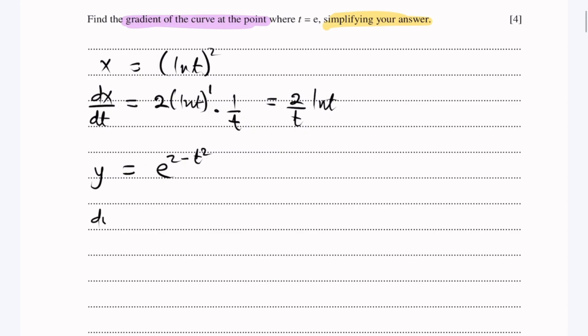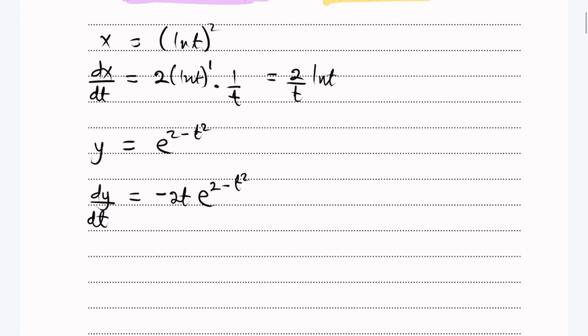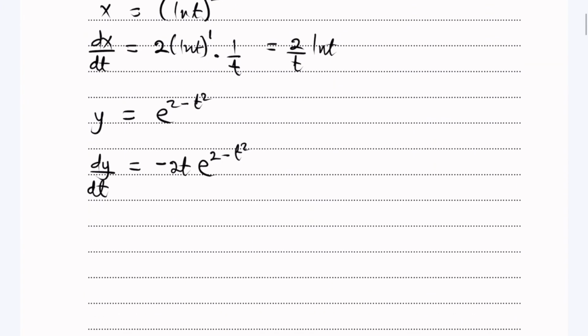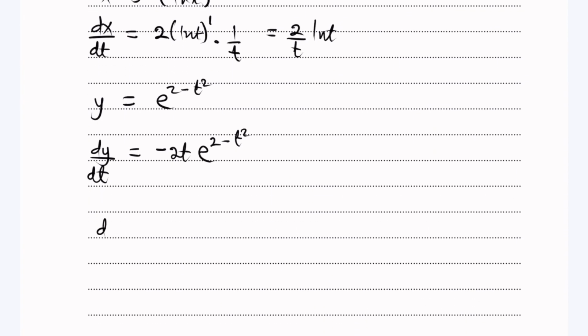So dy/dt would be negative 2t e to the power this. So we have our dy/dt as well. Then it's time to prepare our dy/dx. And like we said, dy/dx is simply dy, something we don't know, and then ends with dx.